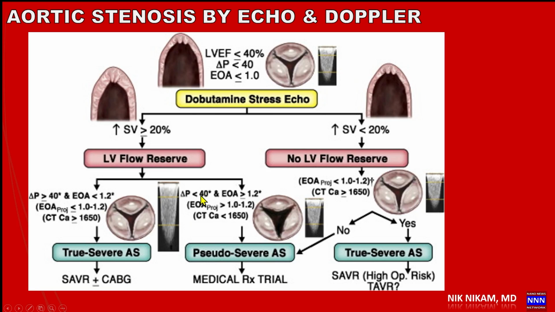However, if the gradient is less than 4 meters per second and the effective orifice area is greater than 1.2 centimeters squared, if the calcium score is less than 1650, then we may be dealing with pseudo-severe aortic stenosis, which can be followed medically.